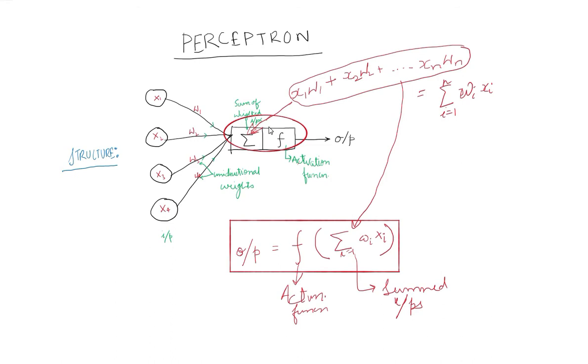Similarly, a perceptron is able to produce an output only when the sum of weighted inputs is sufficient to cross the threshold value of the activation function. So a perceptron will be triggered, fired or activated only if there is enough weighted input to trigger it off.